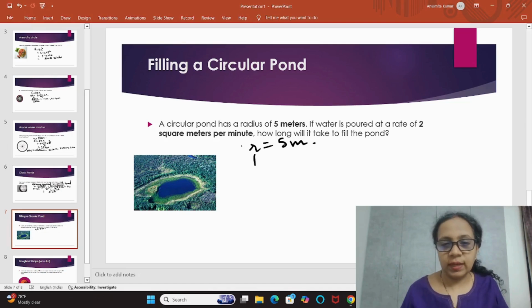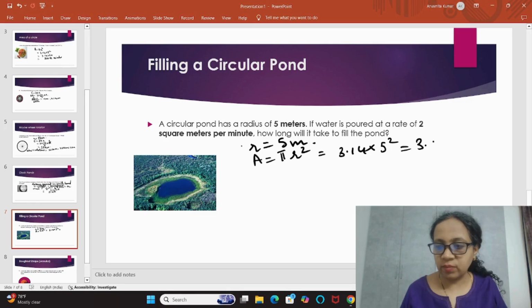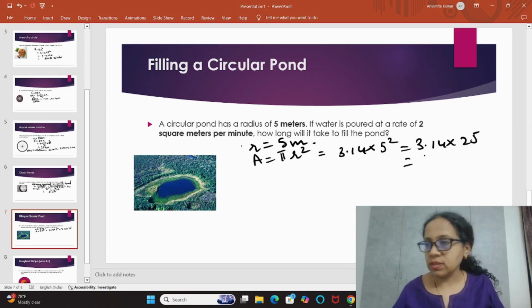So the area of the pond is pi r square, which is 3.14. Why are we taking it as 3.14? Because r, that is 5, is not a multiple of 7. Therefore, we will take 3.14 into 5 square. That is 3.14 into 25, equal to 78.50 square meters.